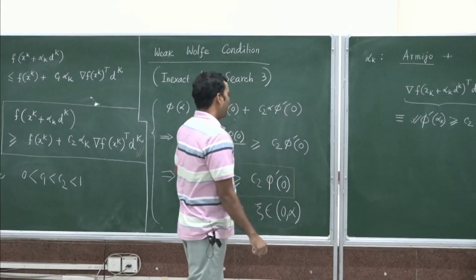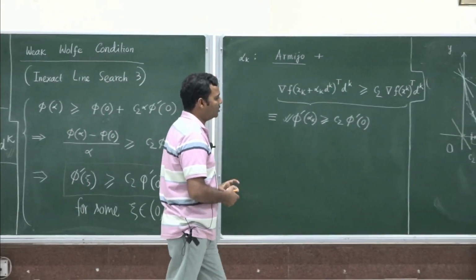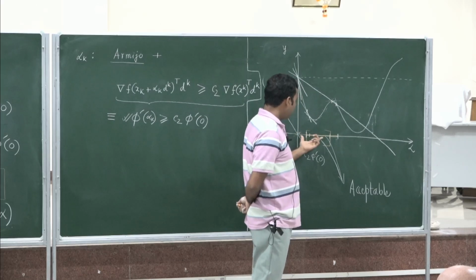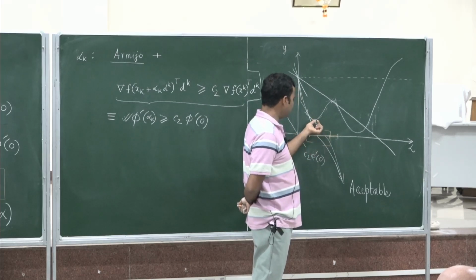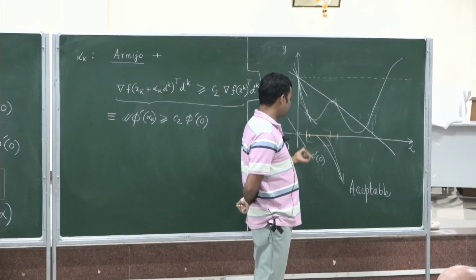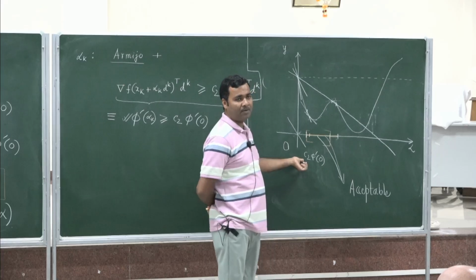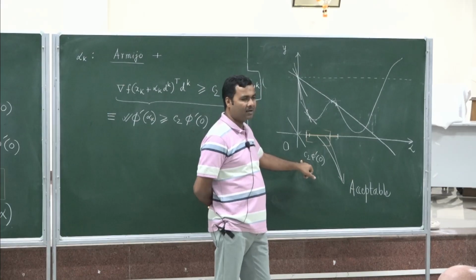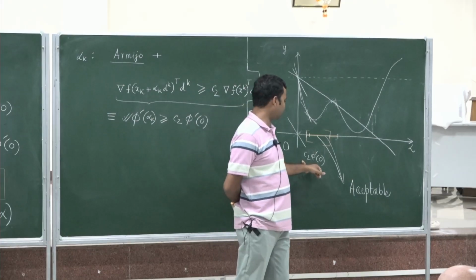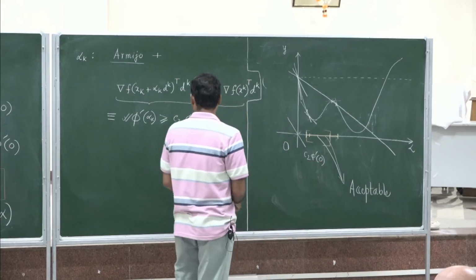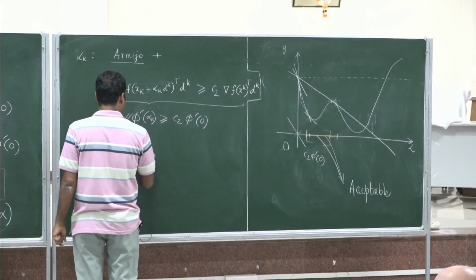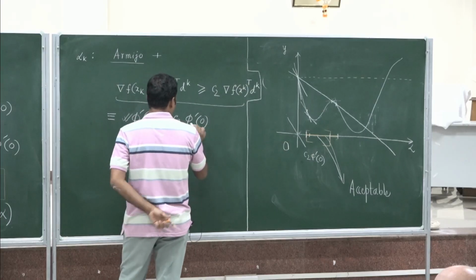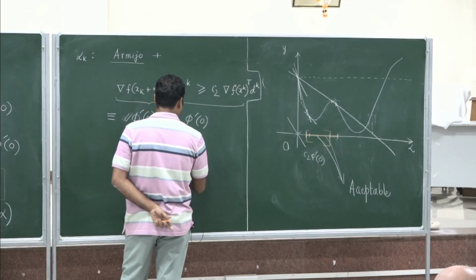Fine. But with this condition we notice that people observed that it is okay that inside this region the minimizer is there, but if I choose C2 and I am not very careful, then this C2 can be chosen to be very close to 1, and in that case we notice that phi dash alpha is greater than or equal to something very close to phi dash 0.